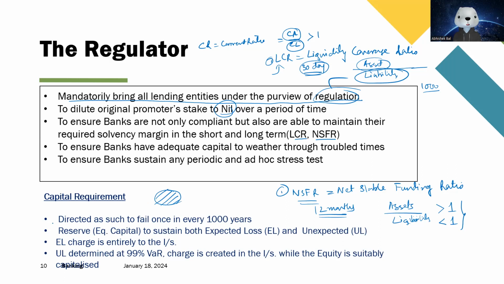And the capital requirement, there are certain itsy bitsy formulas in and around how it should be calculated. But all said, the capital requirements are so directed that they should be able to sustain the bank such that the bank may just fail once in 1,000 years.